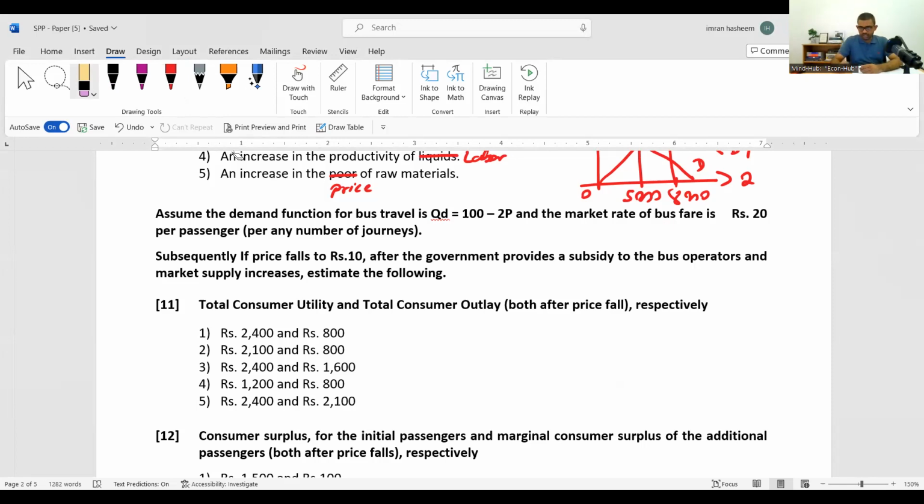The number of journeys doesn't matter. Subsequently, the price falls to rupees 10 after the government provides a subsidy to the bus operators. Subsidy will increase supply, and as a result, the market price has fallen from 20 rupees to 10 rupees.